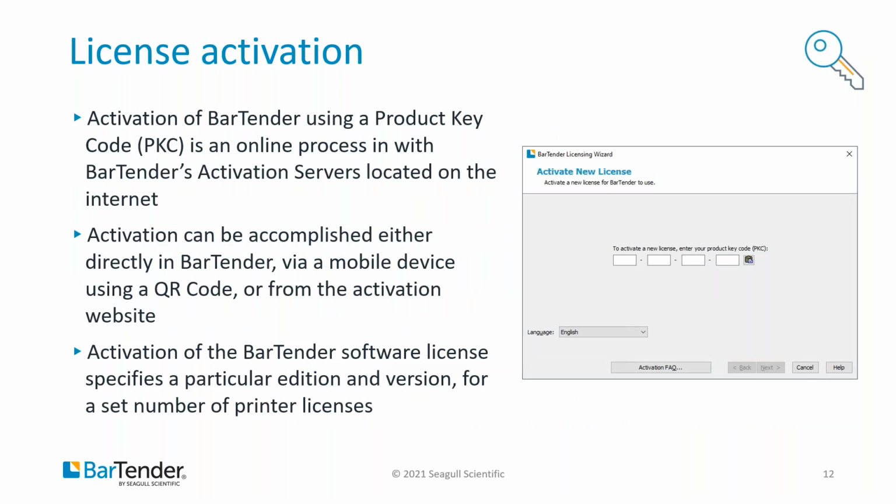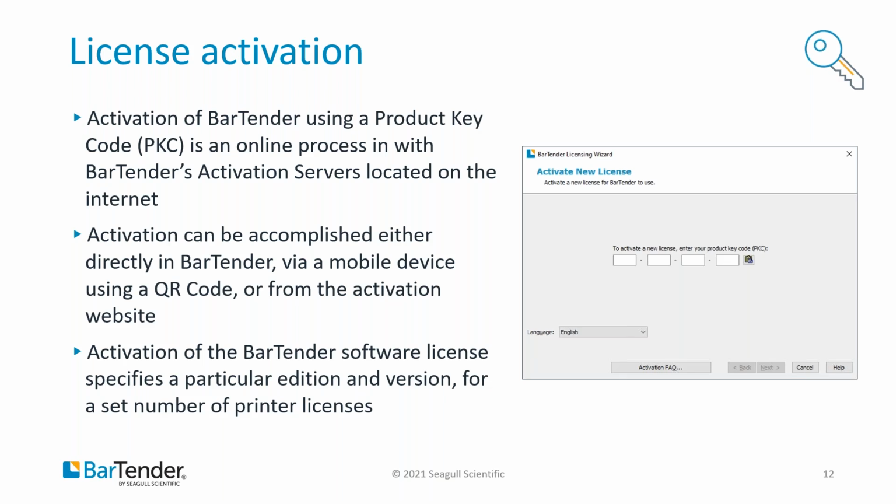So license activation: how do we activate the license? When you first install and try to run the BarTender software, you'll be prompted to activate the software. If this is the first PC within an organization to be activated, then typically the assumption is that this is to be the license server, where the license itself will be hosted.